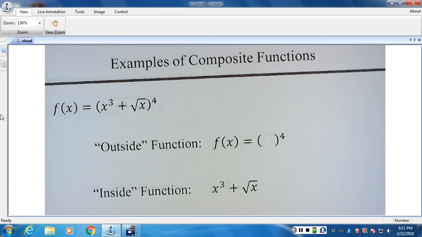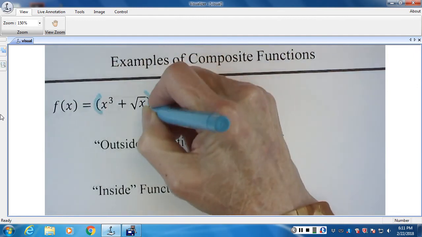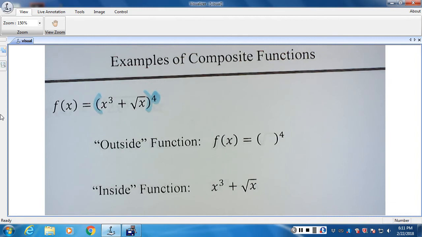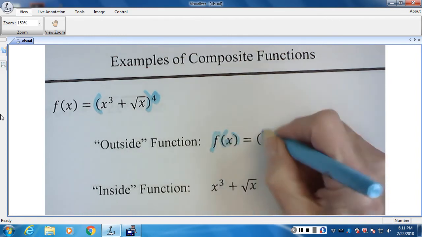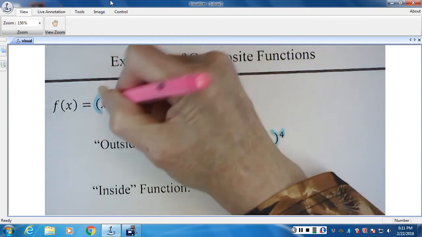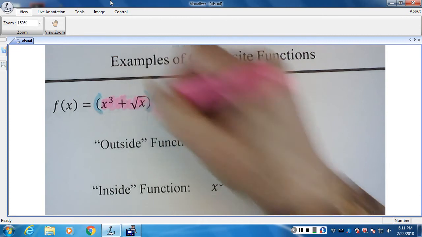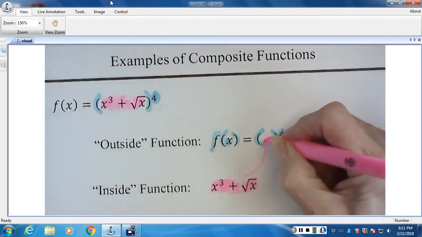F's outside function, F's main job, is to take whatever is inside these parentheses and raise it to the 4th power. So that's what f does: it takes whatever's in the parentheses and raises it to the 4th power. What it does that to is what's inside the parentheses. So in this case, the inside function is that x cubed plus the square root of x that's inside those parentheses.